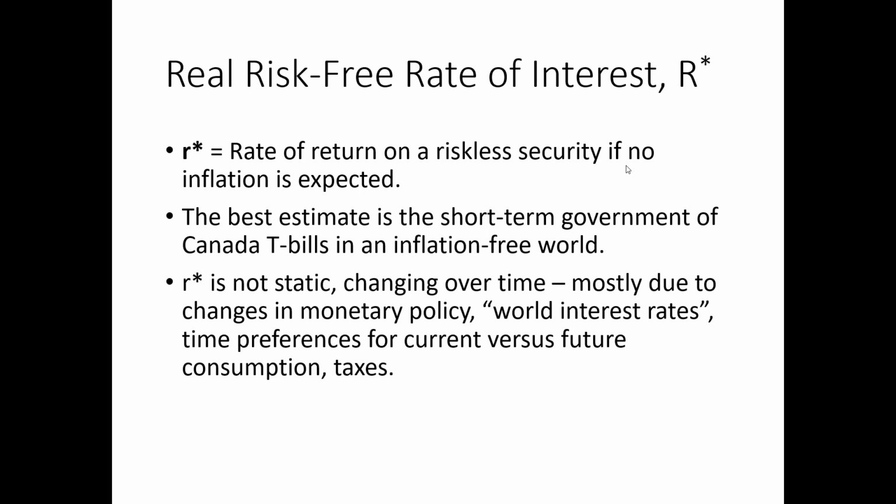Now, this R star is not a static number. It's not, hey, this is a base number and it never changes. It does change, and over time, it has changed. And right now, with a very expansionary monetary policy throughout the world, those world interest rates are very, very low. Other things that may be affected beyond monetary policy are a simple time preference for current versus future consumption, right? Savings rates work into this as well.